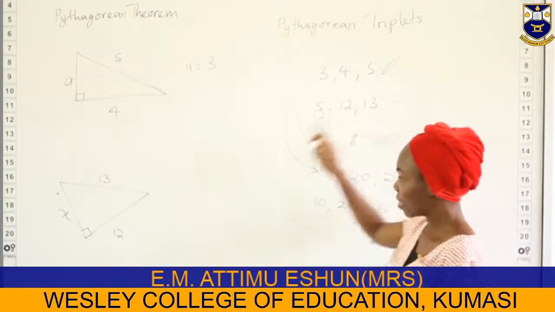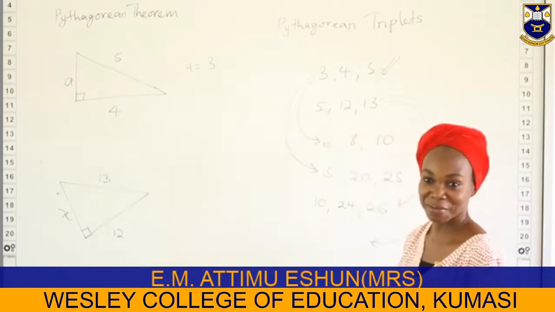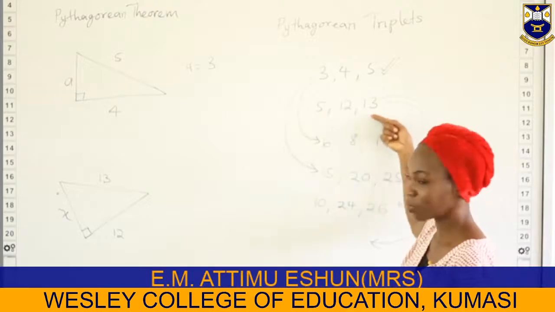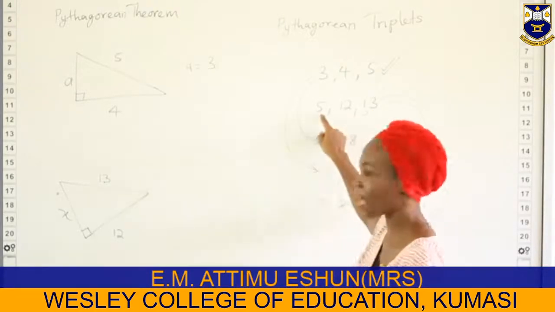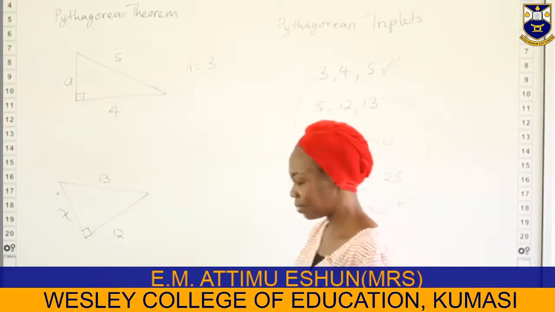And so the side we are looking for will be 5, based on the fact that the triple that coincides with what we have in our diagram will be 5, 12, and 13.